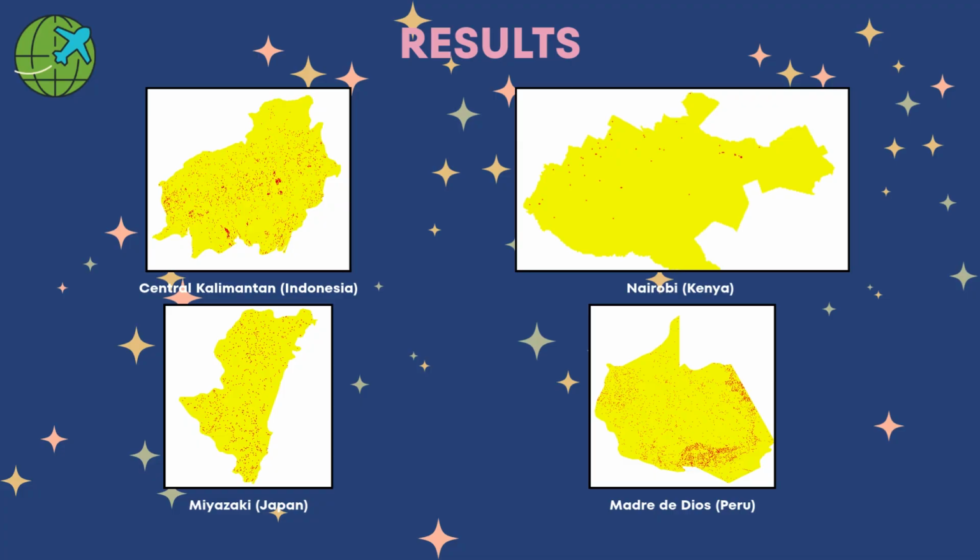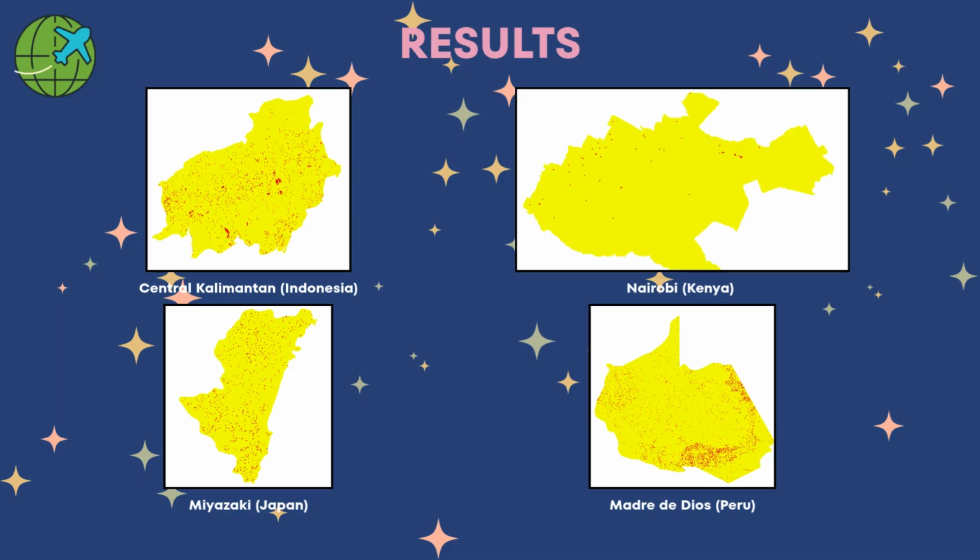By comparing all the maps, we can determine the deforestation ranking, starting with the highest to the lowest one. Based on the spatial density and clustering of forest loss, Madre de Dios, Peru has the highest forest loss, driven by illegal gold mining, road access, and weak enforcement.